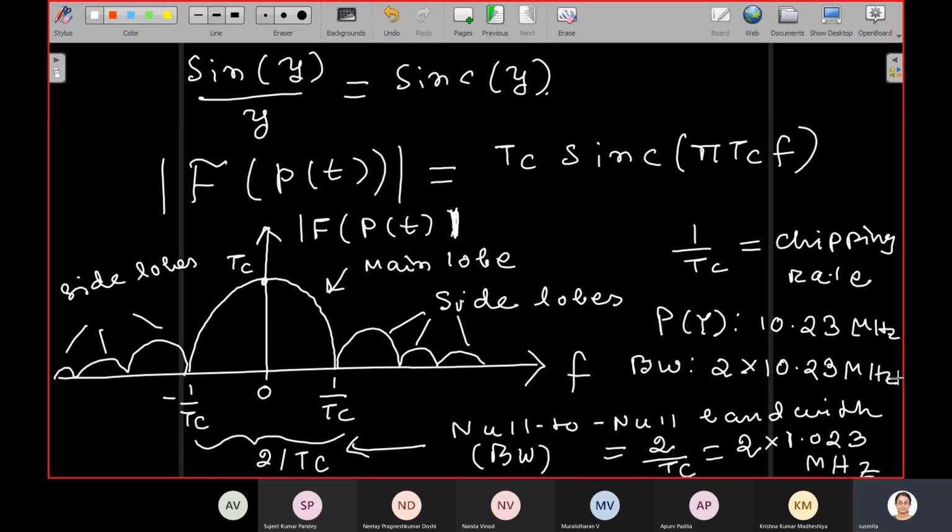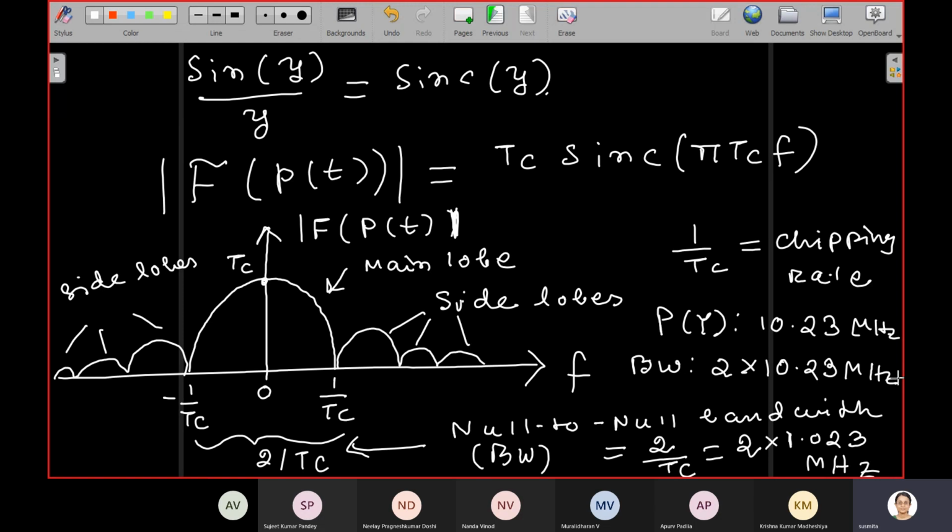So the higher the chipping rate, the more is the null to null bandwidth, okay? And later we'll see that the higher the chipping rate, the better is the range accuracy. We noted that using the code we can derive range to a satellite. We can find the range measurement to a satellite. And later we'll see that the higher the chipping rate, the better is the ranging accuracy.